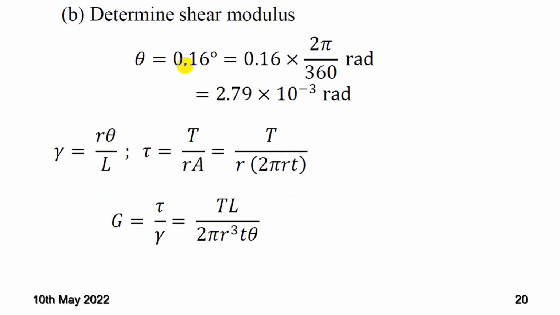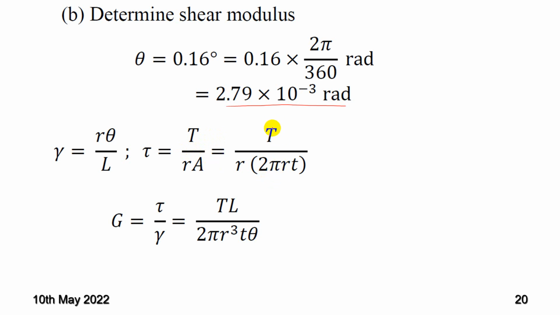0.16 degrees can be converted into radians. That is very easy. The shear strain is R theta over L, and shear stress is T over RA.